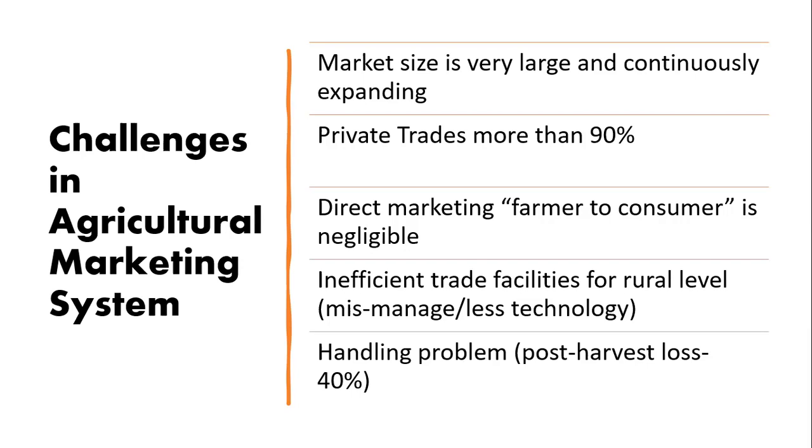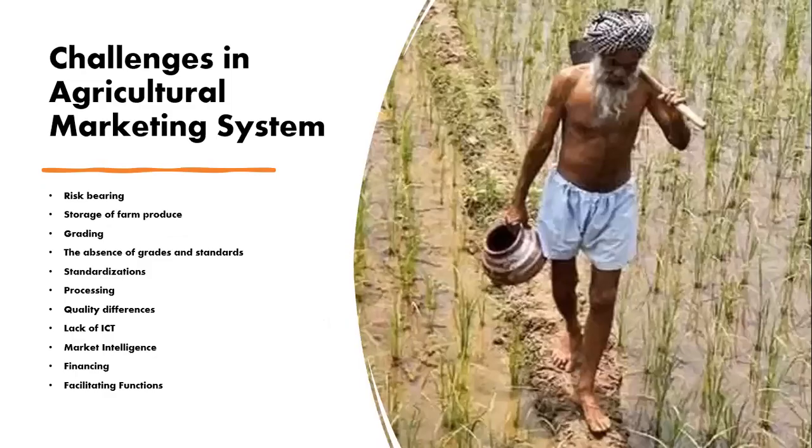By the time it comes to the consumer, the total loss is around 40%, maybe a quality loss or a quantity loss. It is due to poor infrastructure, poor transport facilities, poor handling, and all the related factors. So these are the challenges available in the marketing system.